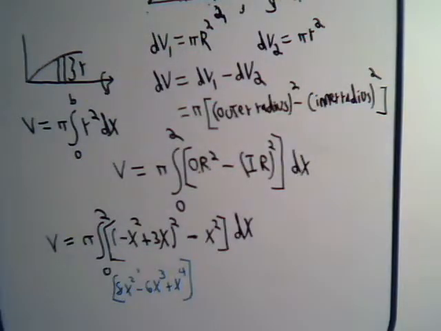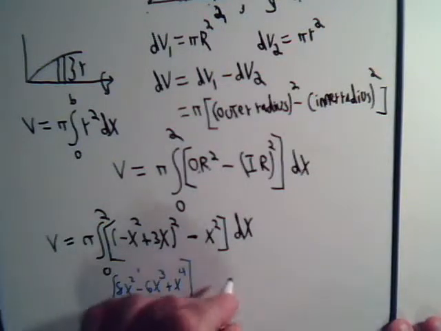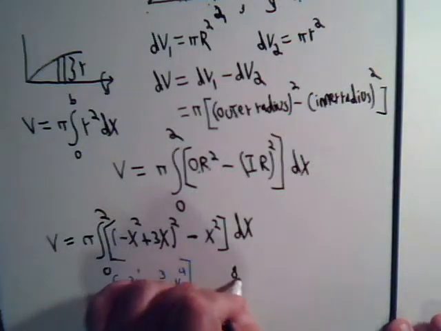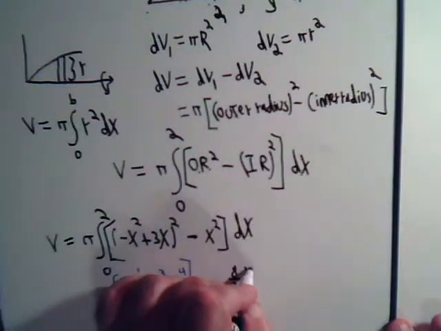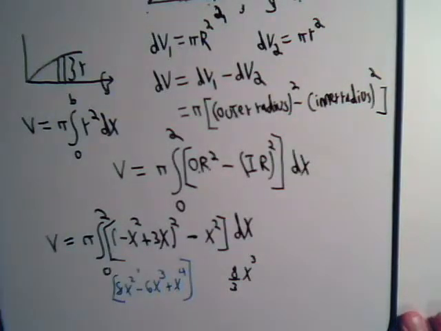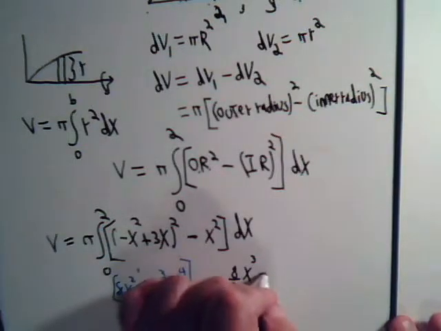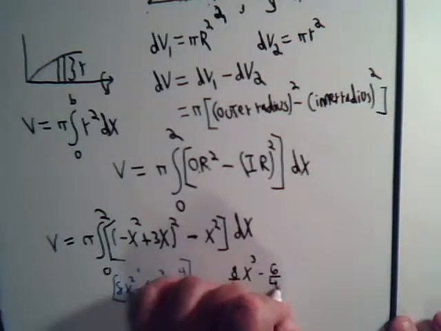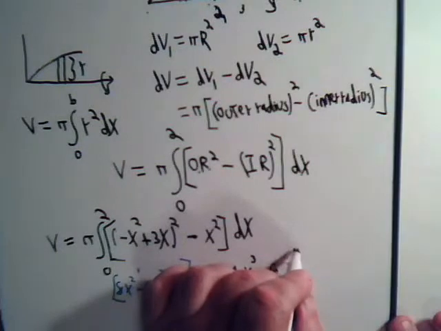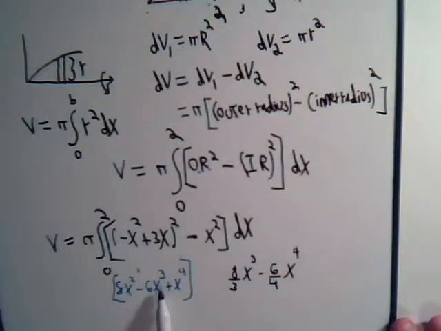So let's see. Integrating this with respect to dx, 8x squared, that would be 1/3 x cubed, so that would be 8/3 times x cubed. This is minus 6x cubed, so that would be minus 6/4 x to the 4th, integrating x cubed.